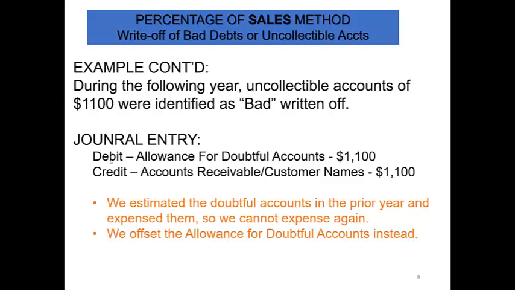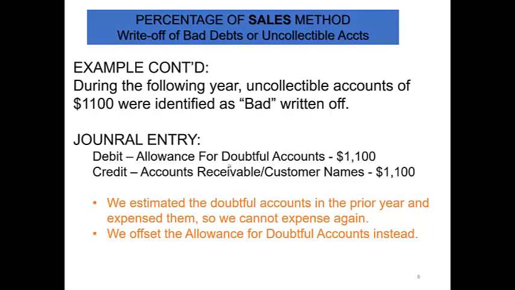All right, to do that, we are going to debit the allowance for doubtful accounts for $1,100, and then we're going to credit accounts receivable with that customer's name for $1,100. So what we're doing then is reducing the allowance for doubtful accounts by the amount we've identified as bad, and then we're going to remove that customer and reduce accounts receivable by $1,100.